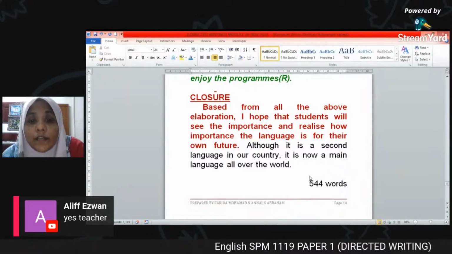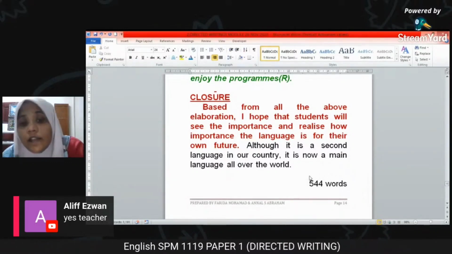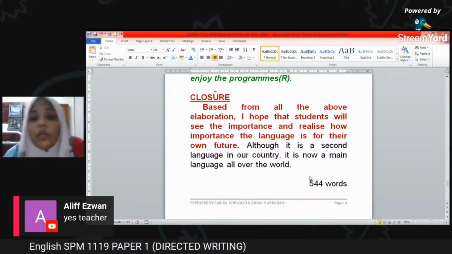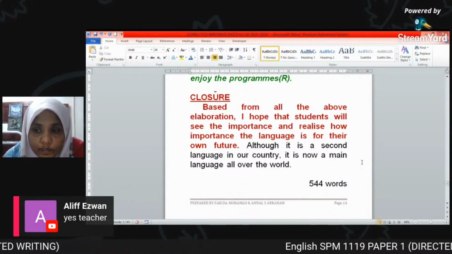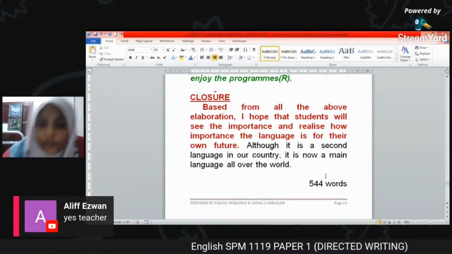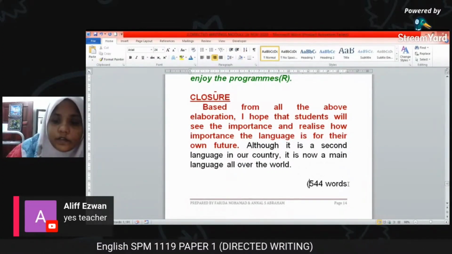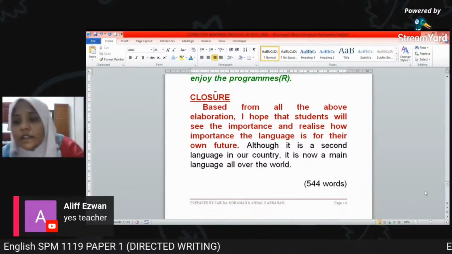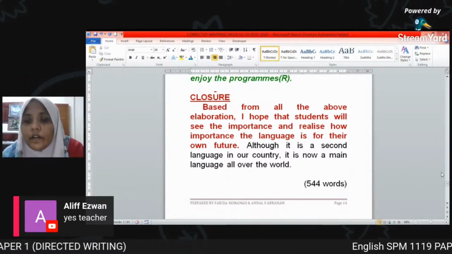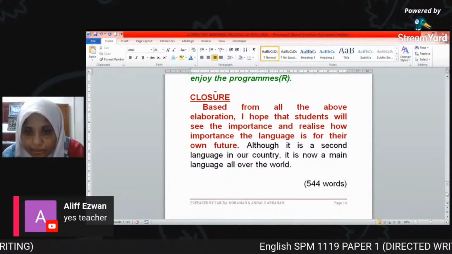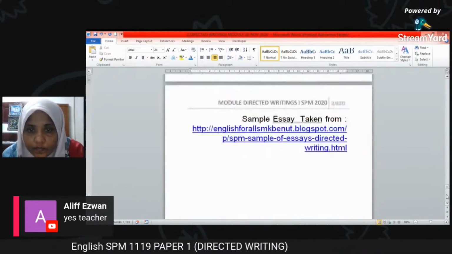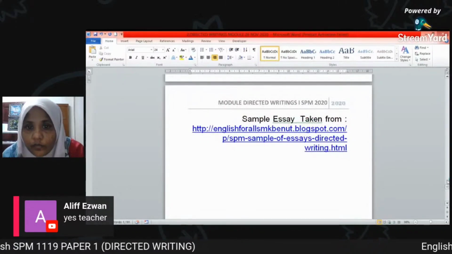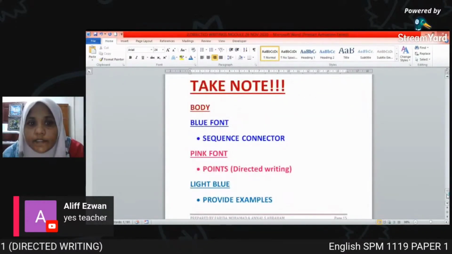Although it is a second language in our country, it is now a main language all over the world. Very simple. Can you see? And the total amount of words is 554 words. Okay, this one is taken from English sample essays.